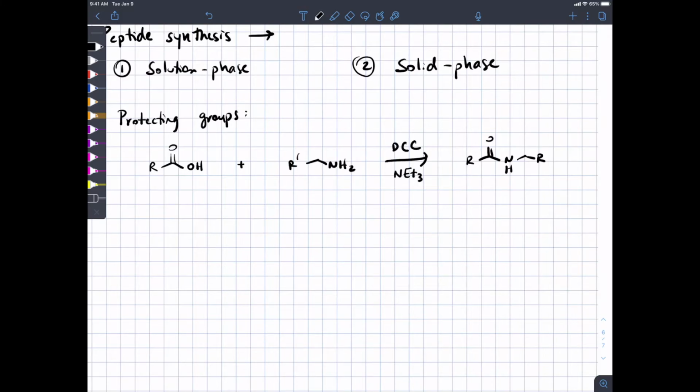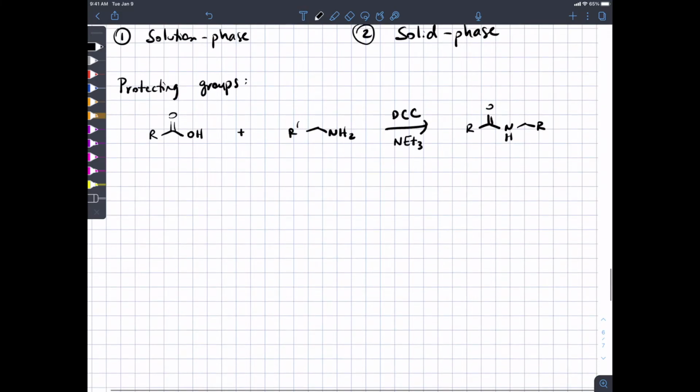The problem is, with amino acids, we'll just use glycine for fun, your acid comes in the same molecule as an amino group. So suppose I wanted to make a dipeptide in which I had a glycine attached to an alanine.